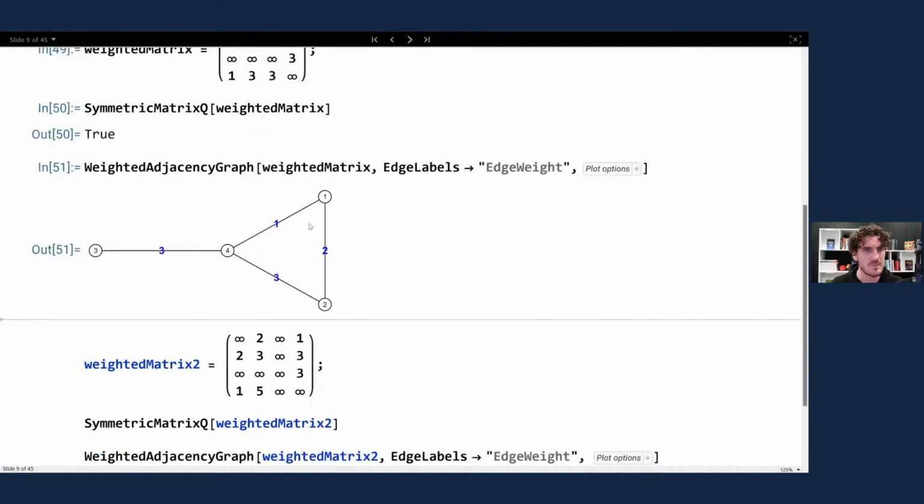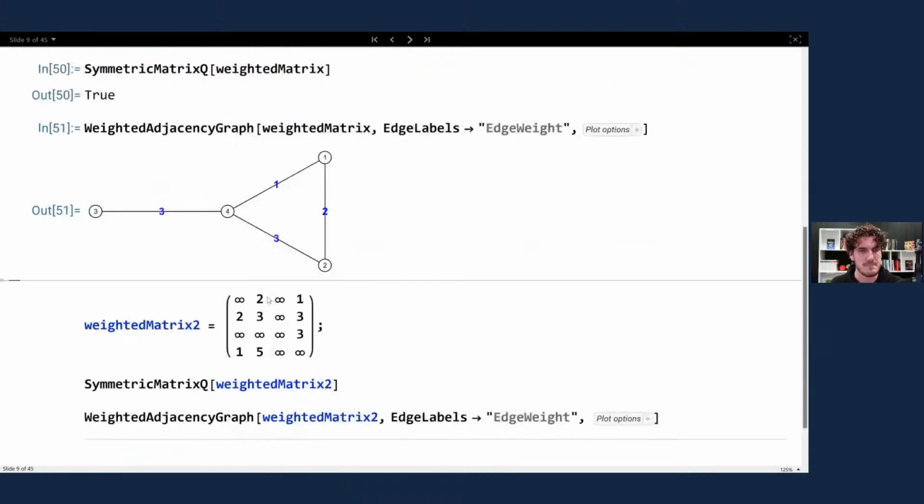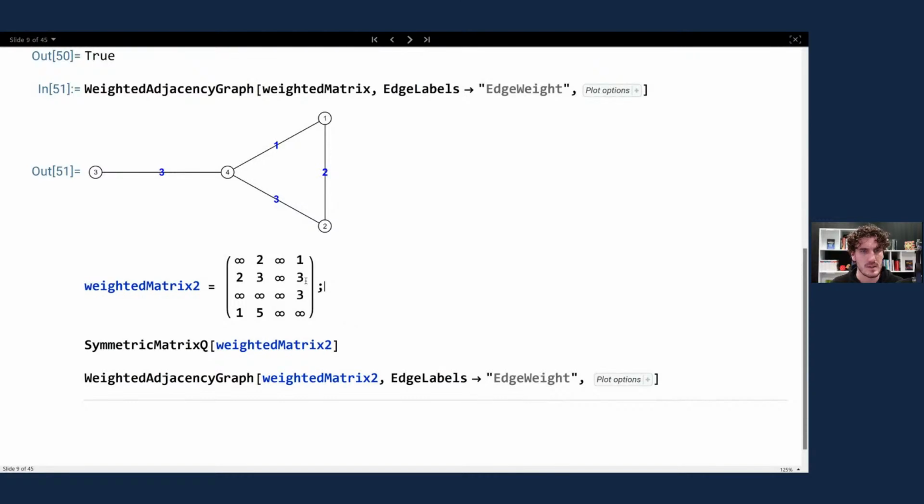Here we are. As you can see, no self loops, and we have edge labels that are the weights in the matrix. And here we have an asymmetric one, where we do have a self loop with weight 3.